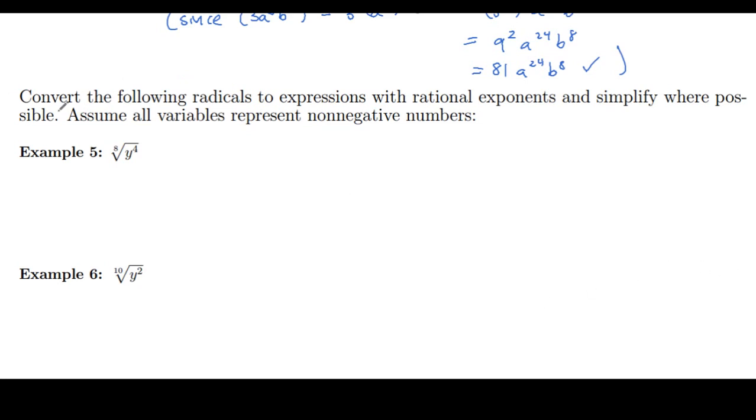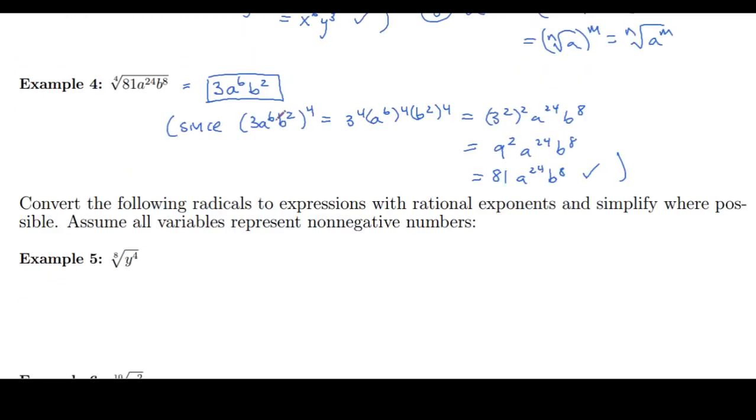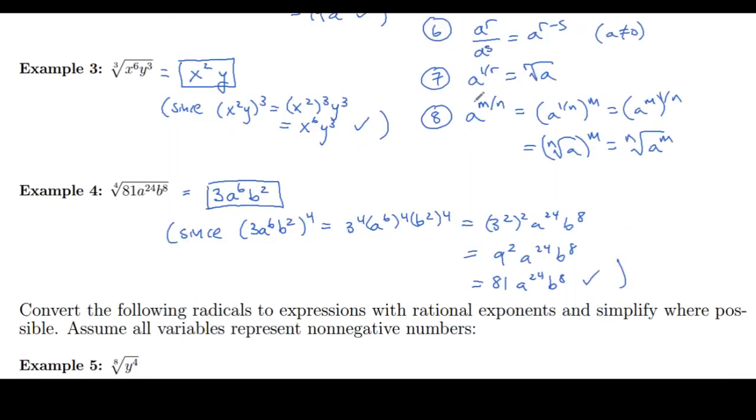Okay, now let's convert the following radicals to expressions with rational exponents and simplify where possible, and assume all variables represent non-negative numbers. Okay, so if you have to take the 8th root of y to the 4th, this last property here, property 8, allows us to rewrite roots, and our expression looks like this right here.